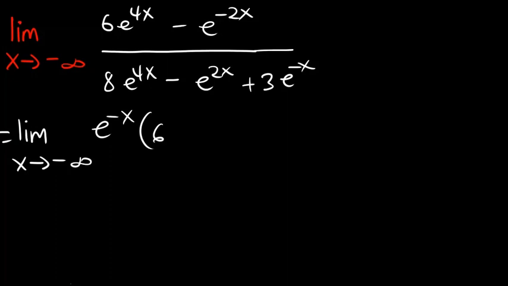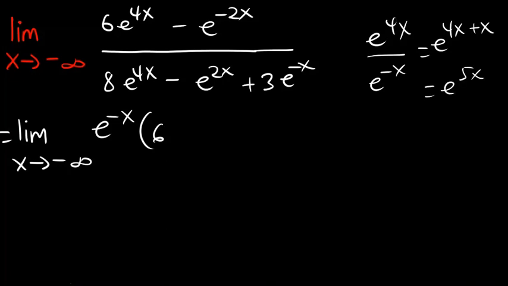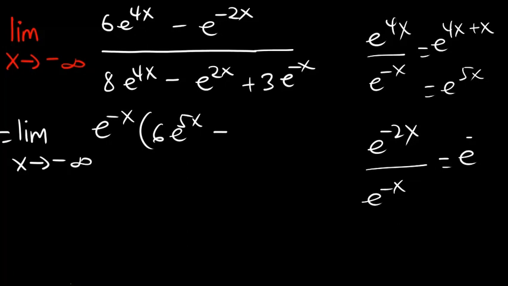Let's look at what you're going to have. e to the power 4x divided by e to the power minus x will be equal to e to the power 4x plus x, so we're going to have e to the power of 5x. So that will be 6 times e to the power 5x, and then minus, so we have e to the power minus 2x. Dividing this by e to the power minus x will give us e to the power minus x.